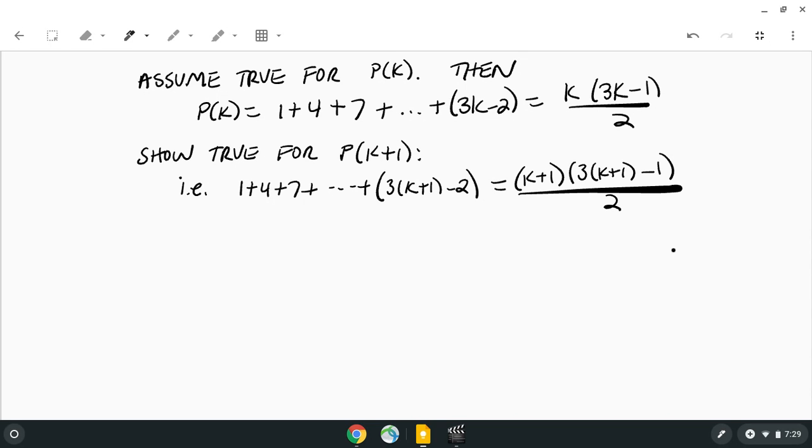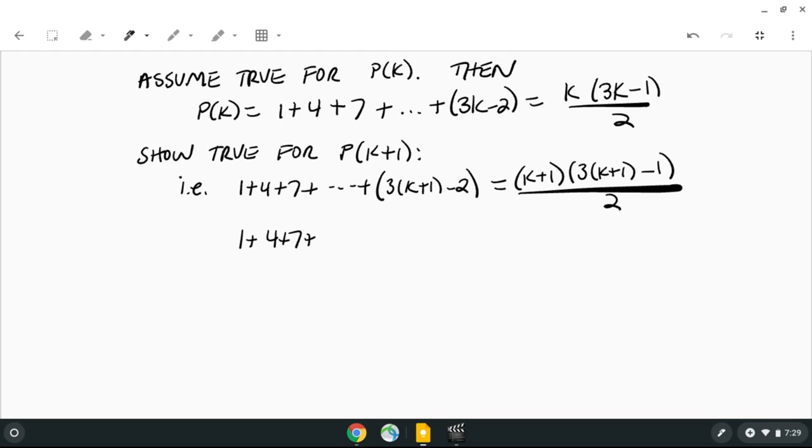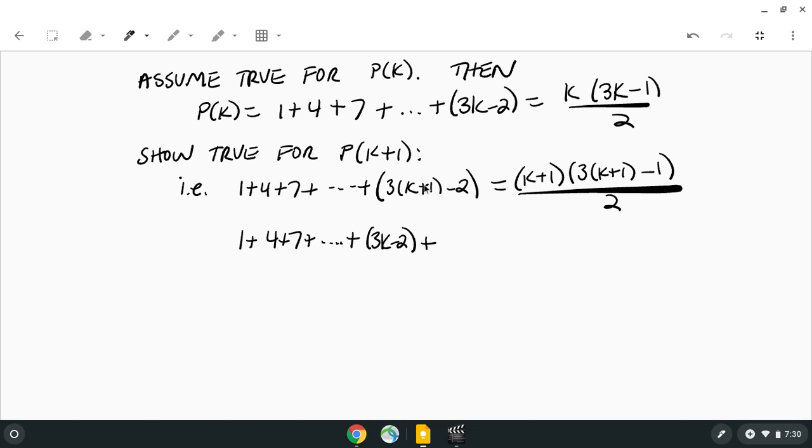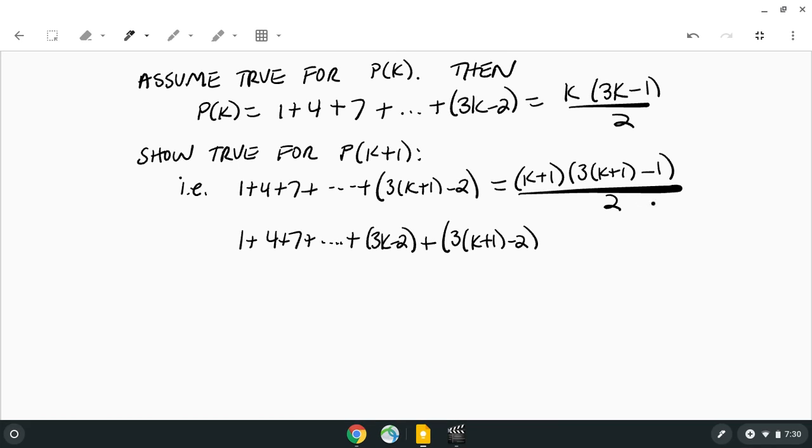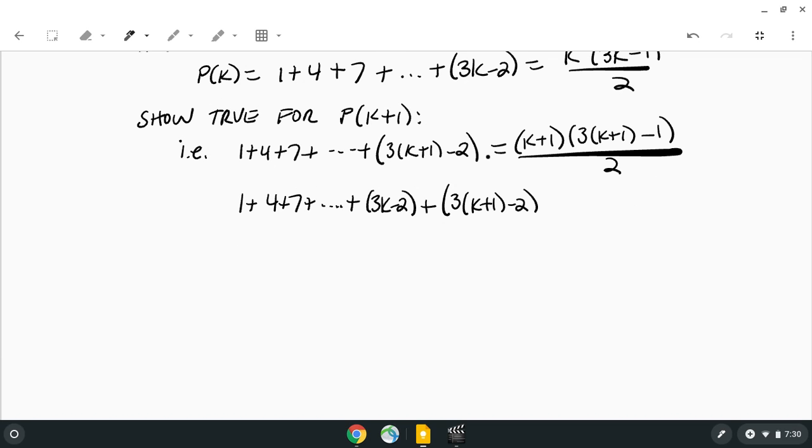Okay, so we need to show that this side matches this side. Okay, so let's see how we can do that. 1 plus 4 plus 7 plus, here I'll include the kth term, which is 3k minus 2. And now the k plus 1 term, the term that comes after k. So again, don't touch this. Leave it there. That's your goal.